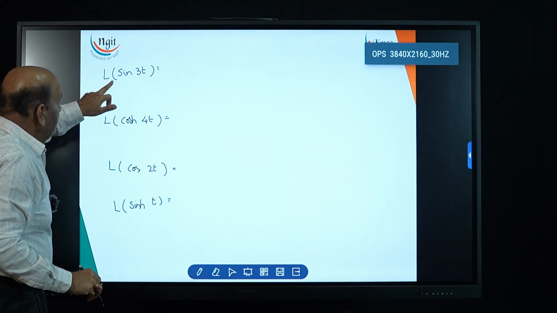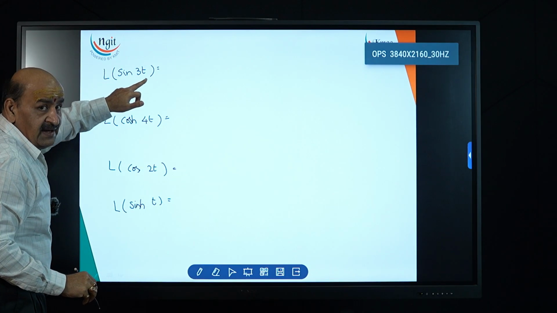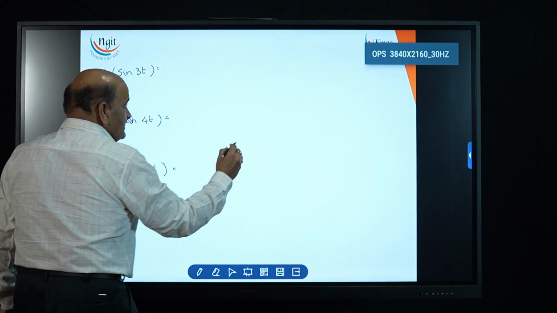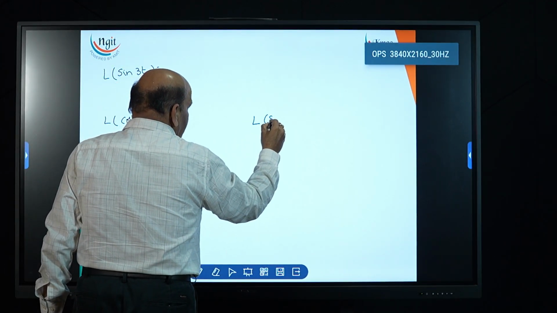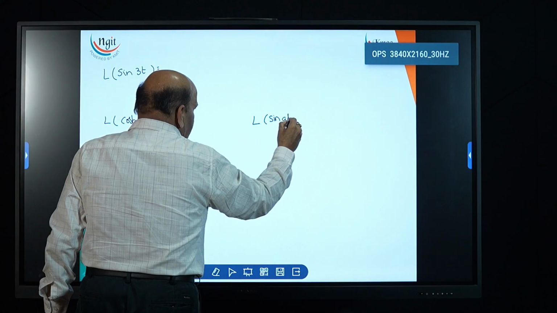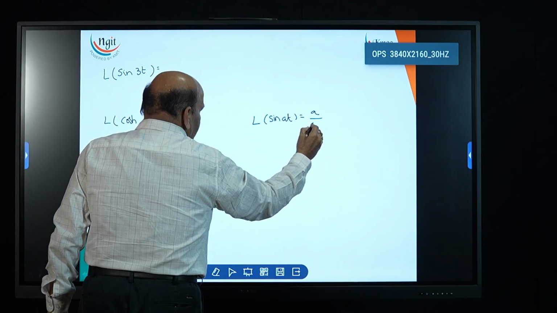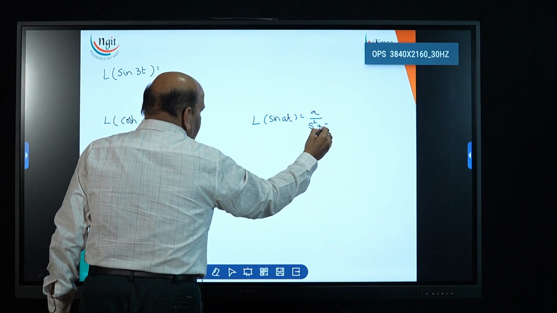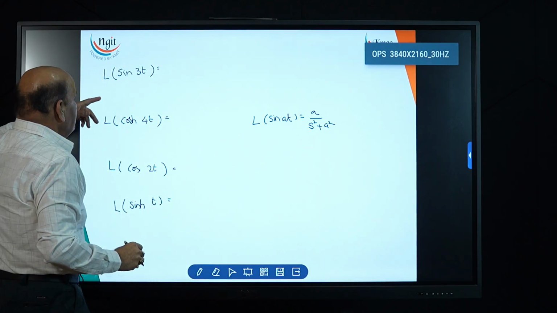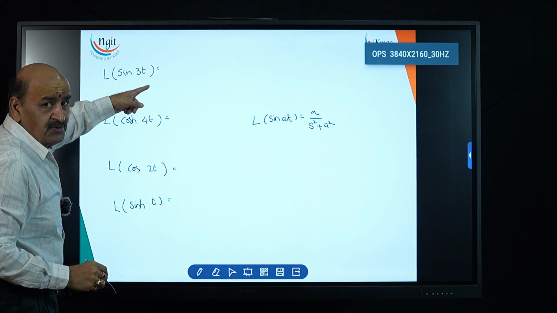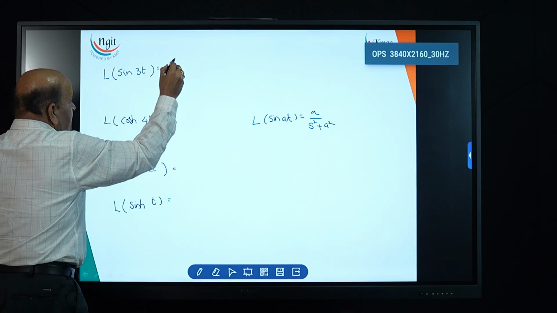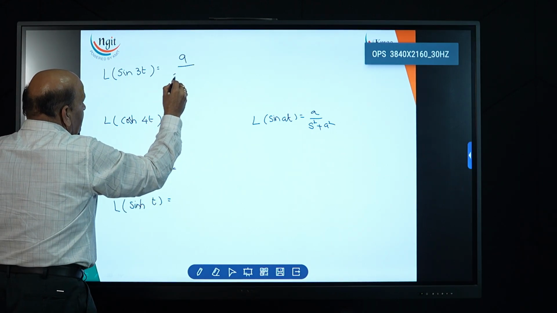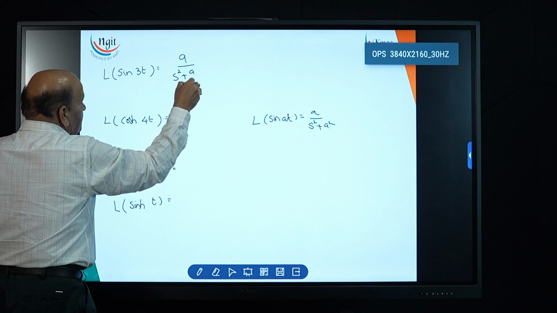Now just look, this is of the form sin at. What is the Laplace transformation of sin at? That is equal to a by s square plus a square. Now here, in place of a, what is the value? 3. A square means 9, so 9 by s square plus 9.